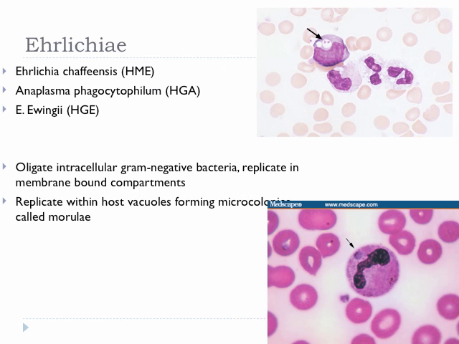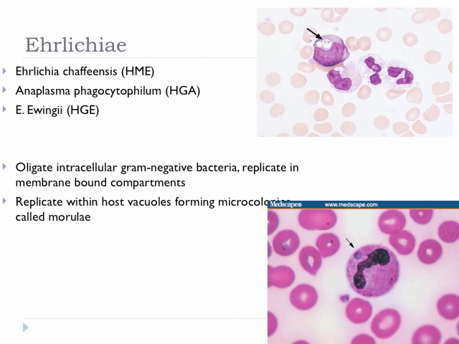So moving on to Ehrlichia, again, human granulocytic anaplasmosis. The vector is Ixodes scapularis, so it transmits that, babesiosis, and Lyme disease. So there are 3 different Ehrlichia: HME, human monocytic ehrlichiosis, human granulocytic anaplasmosis, and Ehrlichia ewingii, which mostly affects animals, especially dogs.